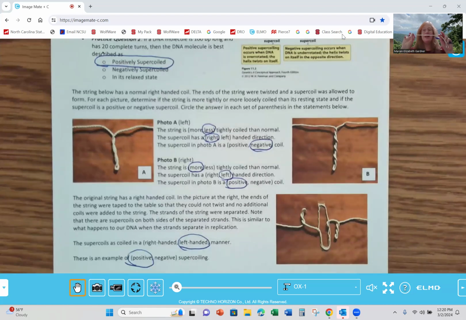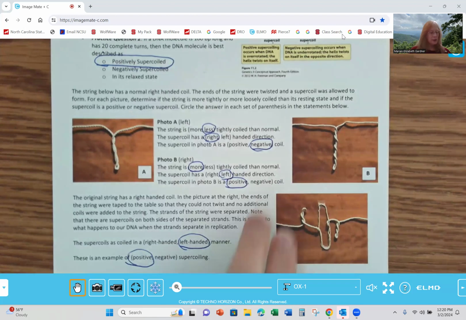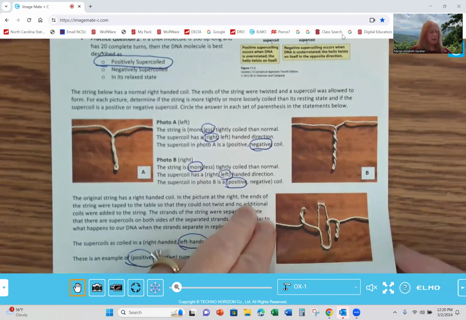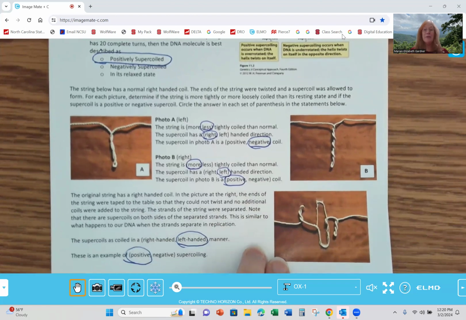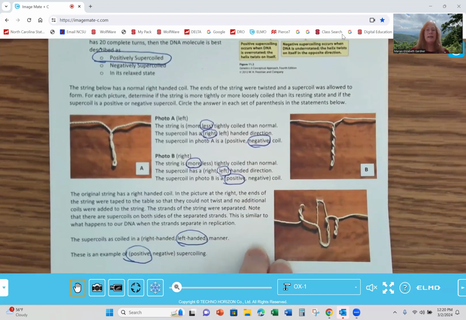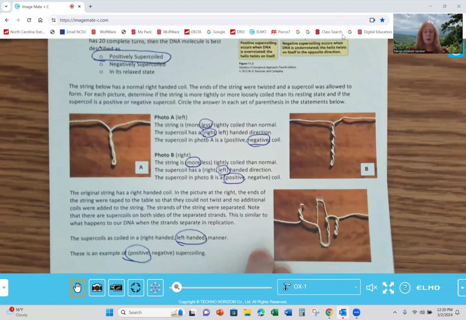Always, you can find a string. If you want a string, stop by my office sometime, and I will be happy to give you a piece of my string and play with it. Yarn also works. Shoelaces might work. I don't know. I haven't tried that. But I encourage you to play with it so that you feel comfortable with the orientation of the regular coiling of the strand plus the supercoiling.